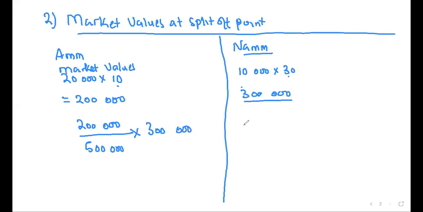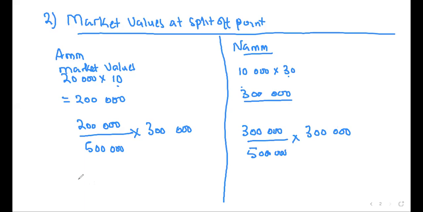Then for NAM, it's going to be 300,000 over 500,000 times the 300,000. 300,000 is the joint cost, right? So that's how we are going to allocate.